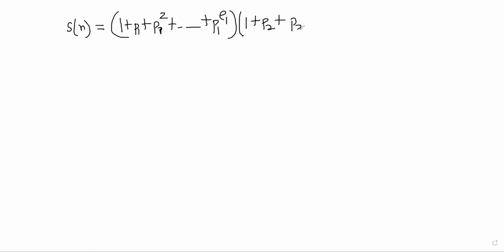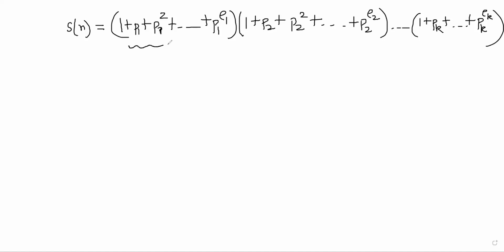Now you can simplify that a little bit by using the geometric progression formula. So you can say S of n will be, I'll just write the expression first. It was 1 plus p1 square till p1 e1 and 1 plus p2 square till p2 e2 and so on till 1 plus pk till pk power ek.